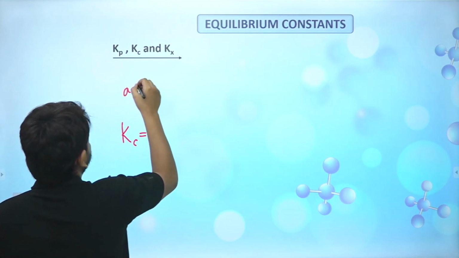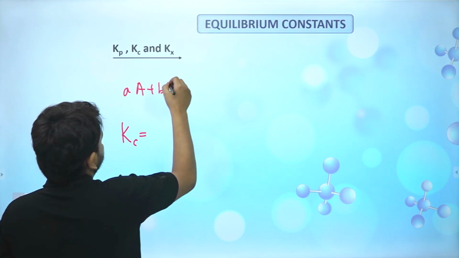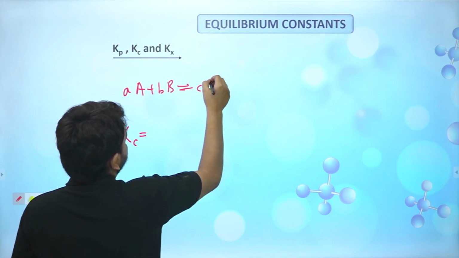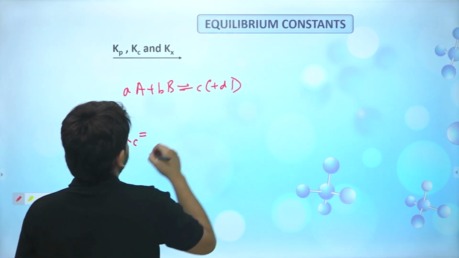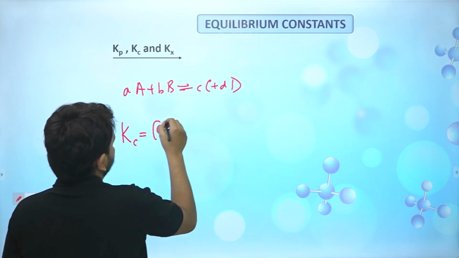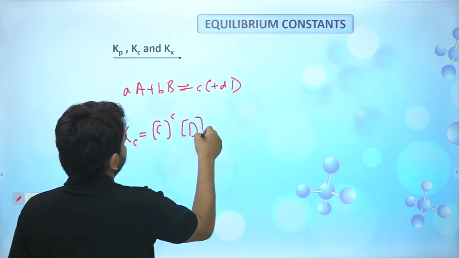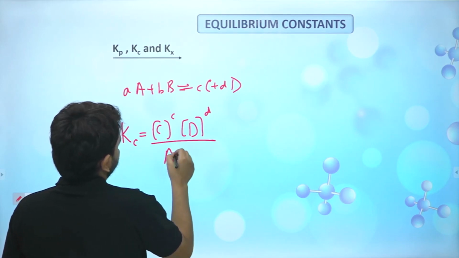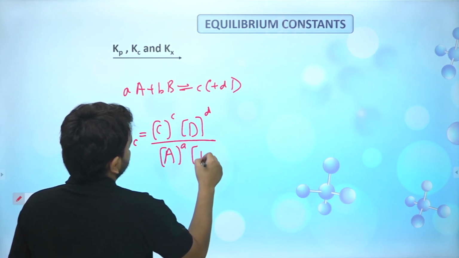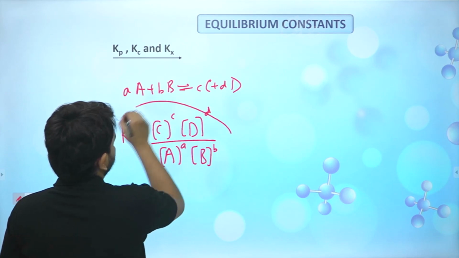So if you have, let's say, aA plus bB at equilibrium with cC plus dD, this will simply be capital C raised to the power small c, capital D raised to the power small d, over capital A raised to the power small a, capital B raised to the power small b.